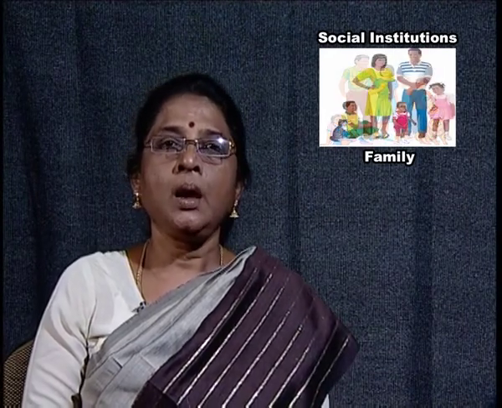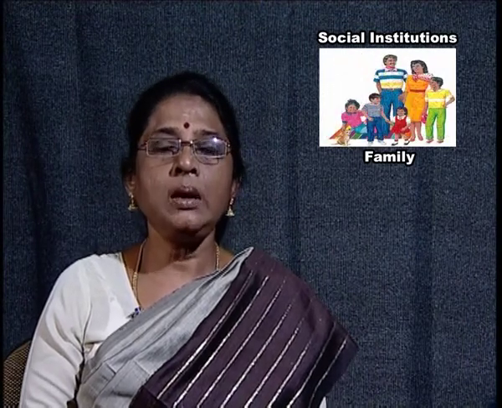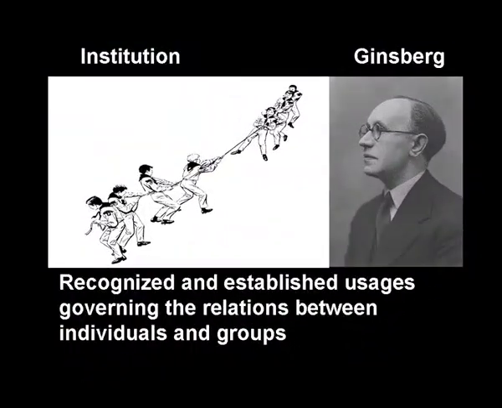Various interpretations have been given for institutions. I will present to you some definitions of social institutions. An institution is a formal, recognized, established and stabilized way of pursuing some activity in society.